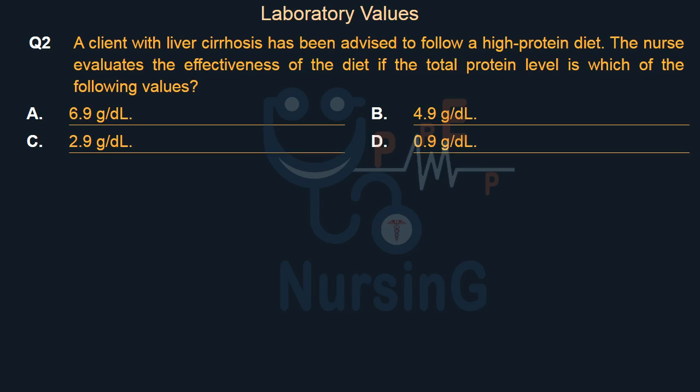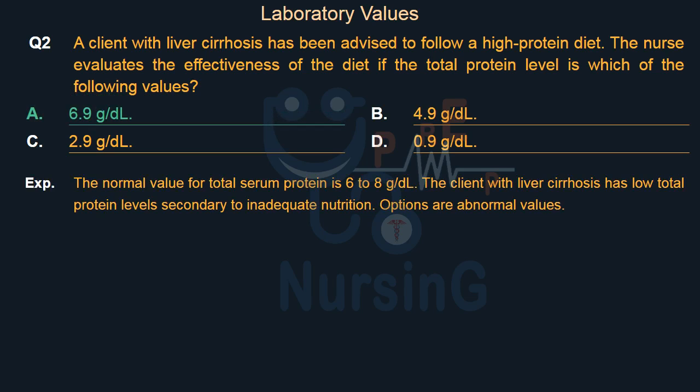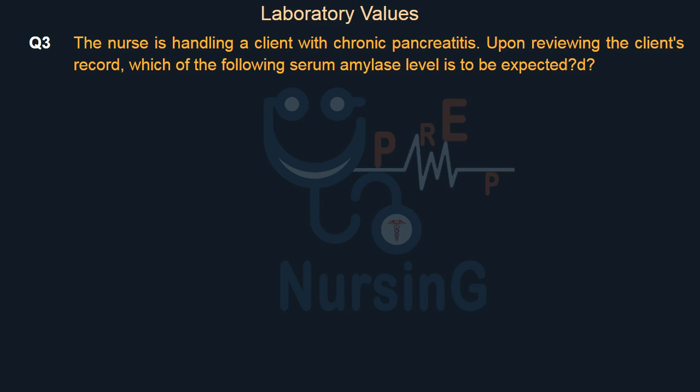Option D, 0.9 grams/dl. Right answer is Option A, 6.9 grams/dl. The normal value for total serum protein is 6 to 8 grams/dl. The client with liver cirrhosis has low total protein levels secondary to inadequate nutrition. Other options are abnormal values.